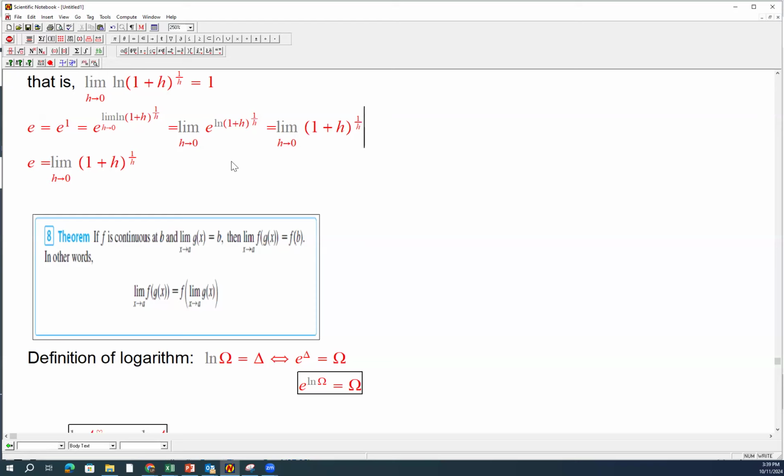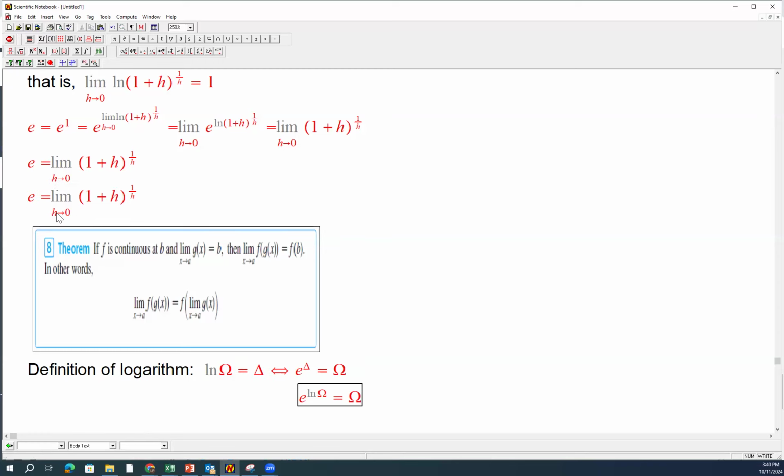There are a couple of different versions by some simple substitution. For example, as h approaches 0, 1 over h. Now what if I change h to be x? No problem, it's just a simple substitution. So you would see many different versions of this.